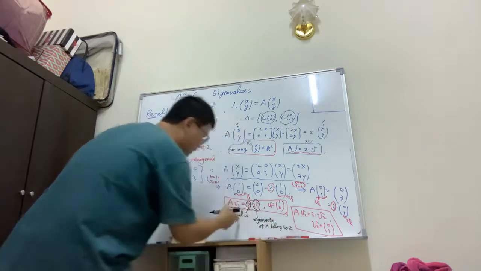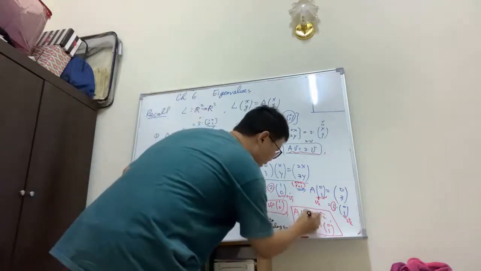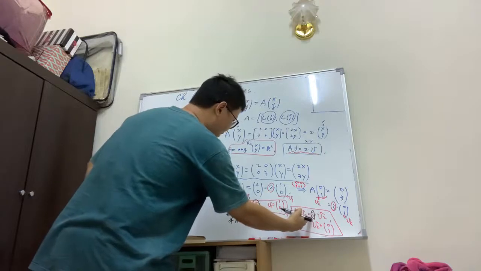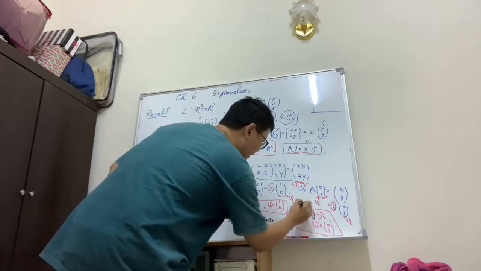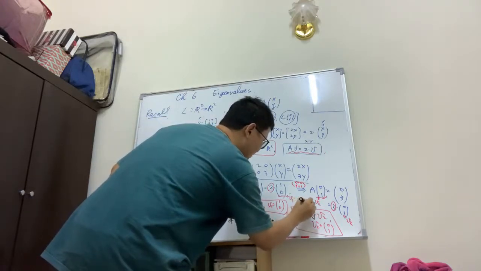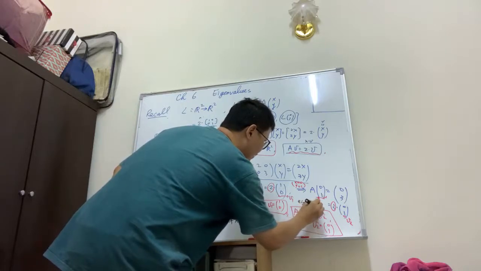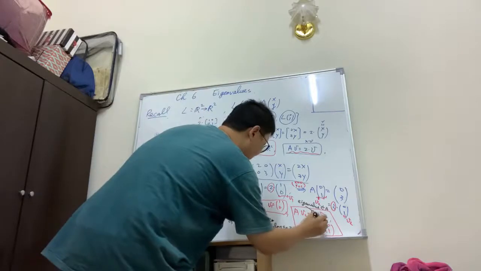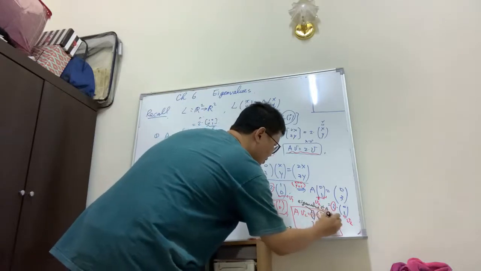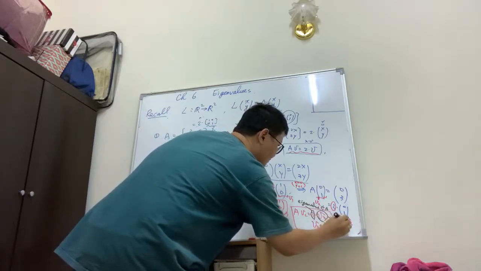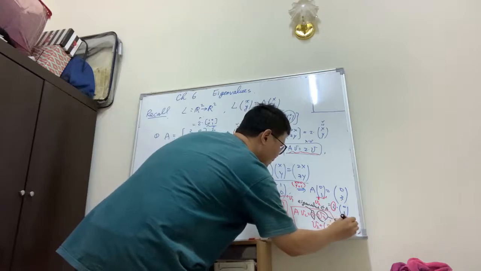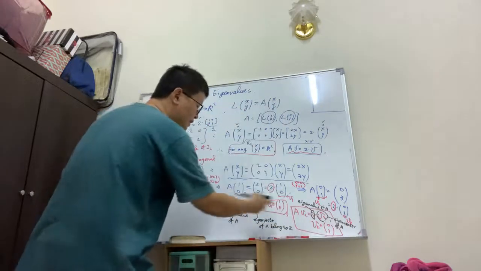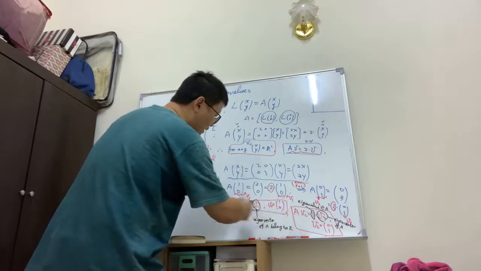Because now we have 2 eigenvalues here, right? We also have another scalar, which is also an eigenvalue of the matrix A, and V2 is also an eigenvector of A. But they have different corresponding eigenvalues.